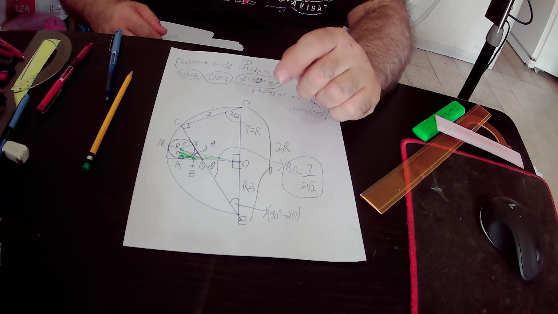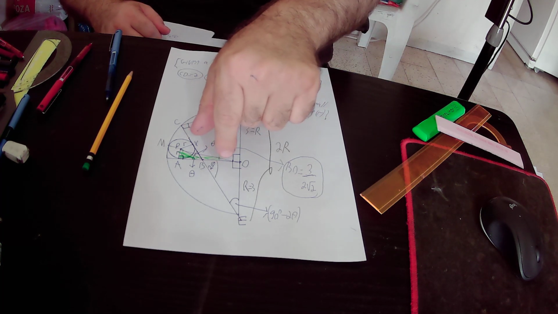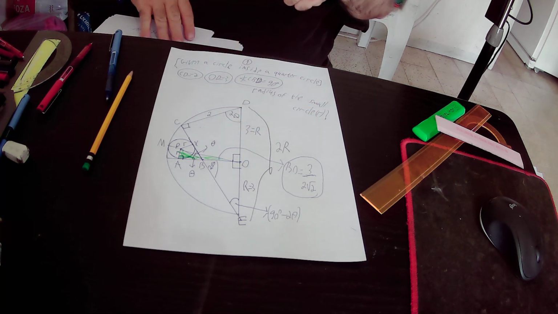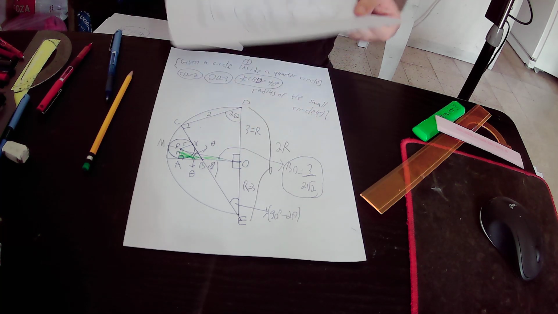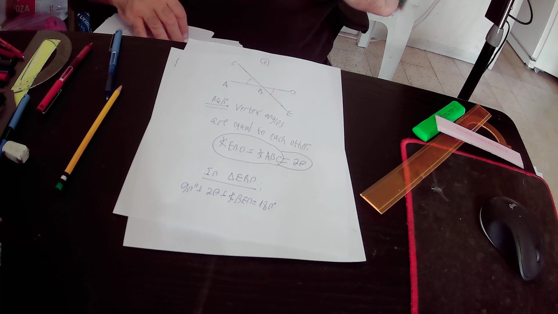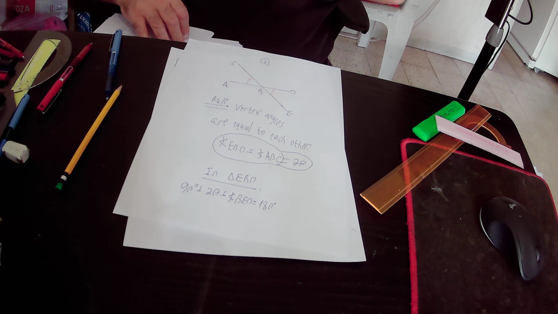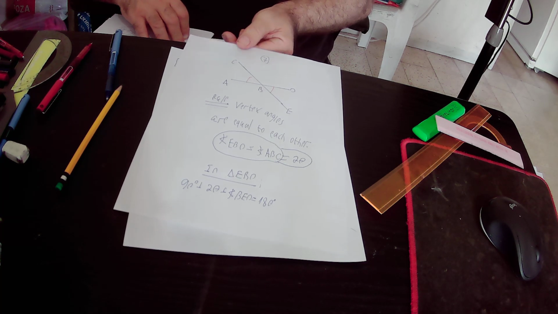Okay, but we have here two vertex angles. Actually, those two angles that I marked with the red line are vertex angles, and we have a rule that vertex angles are equal to each other.